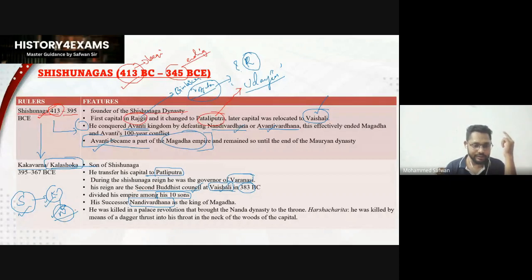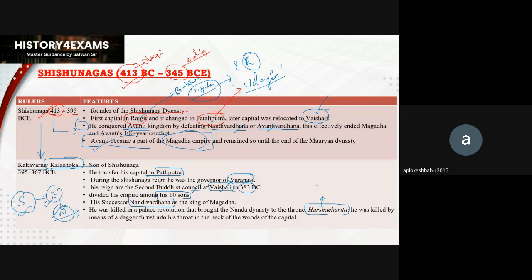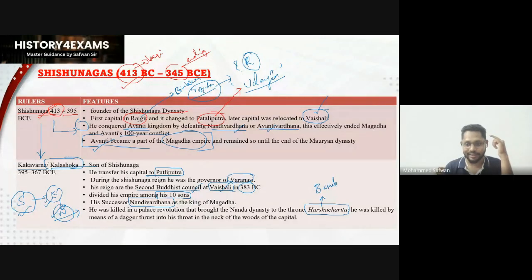Now the story says like that. According to the Harshacharita, who wrote the Harshacharita, anybody? Bana. Very good. It's not just Bana, it's Bana Bhatta. Make it full. Bana Bhatta wrote this work called Harshacharita during the period of King Harshavardhana. About the previous history of that region, he says that the Shishunaga king Nandivardhana was killed by some of his close relatives in his capital, in his palace itself.